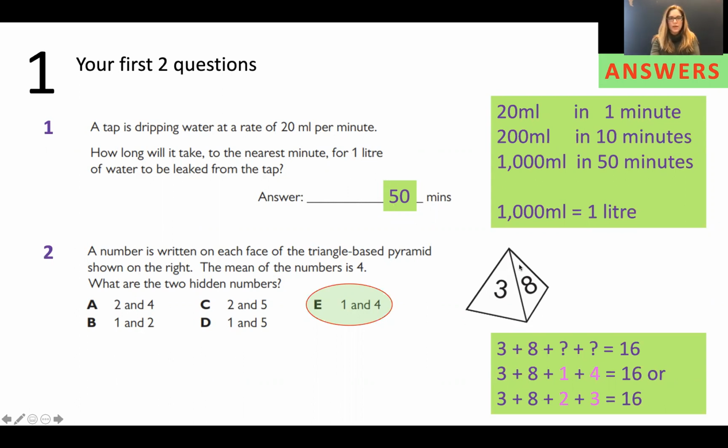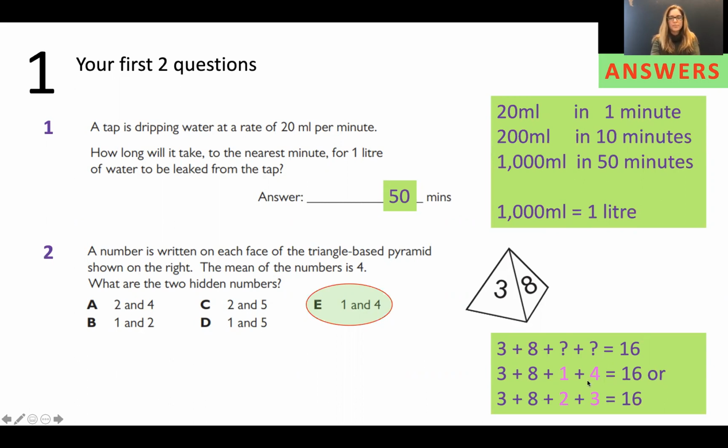Next question. Okay, so we have a triangle-based pyramid. There's two faces that we can't see, but the mean of the four numbers is 4. So that means if I add the four numbers together, I'm going to get 4 lots of 4, which is 16. So I've got two numbers that I don't know, but I know when I add them together, I get 16.